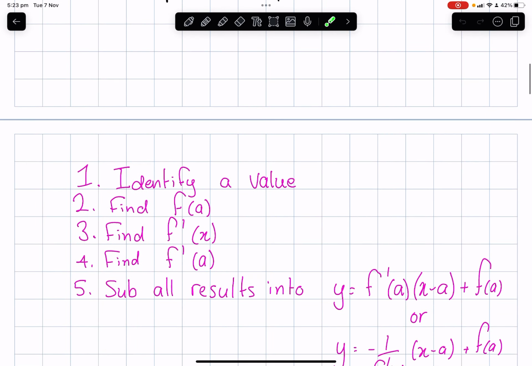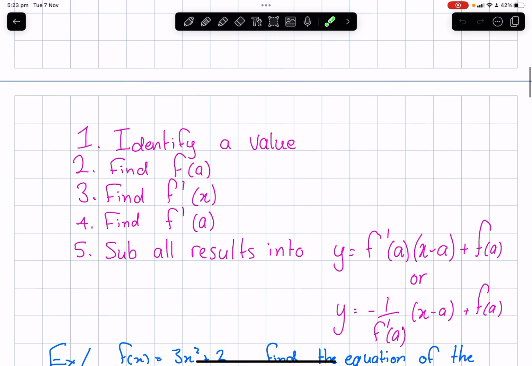Now, there are a few steps we want to look at to help us in these questions. So step one, I'm going to want to identify the a value that's being required in the question. I then want to find f of a, so substituting the a value into the function. Step three is find the derivative function, so using our power rules and all our skills from last video.